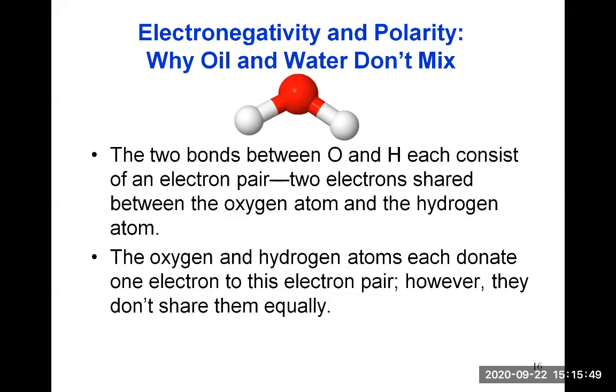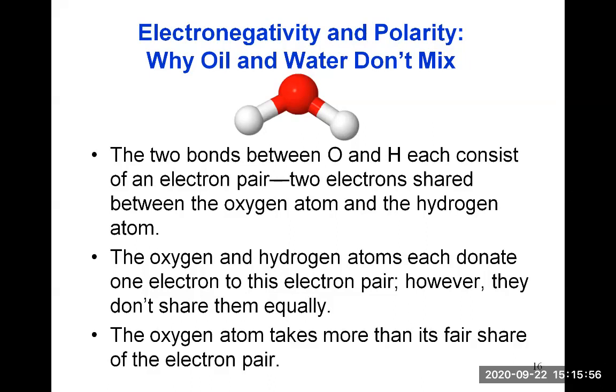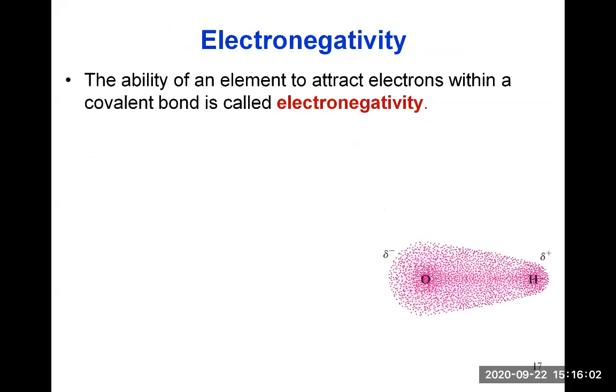However, they are not sharing them equally. Even though they each provide one electron, they don't share them equally. The oxygen atom takes more than its fair share of the electron pair. This is a property that we call electronegativity. The electronegativity is the ability of an element to attract electrons within a covalent bond.